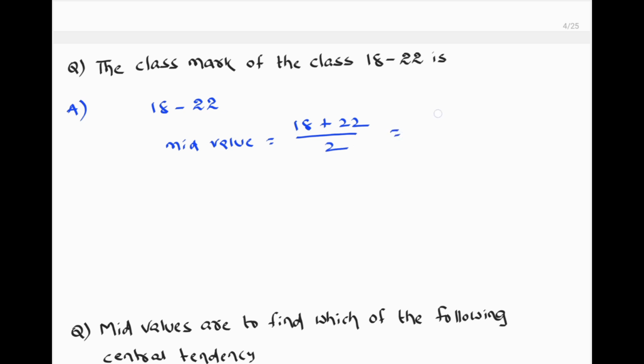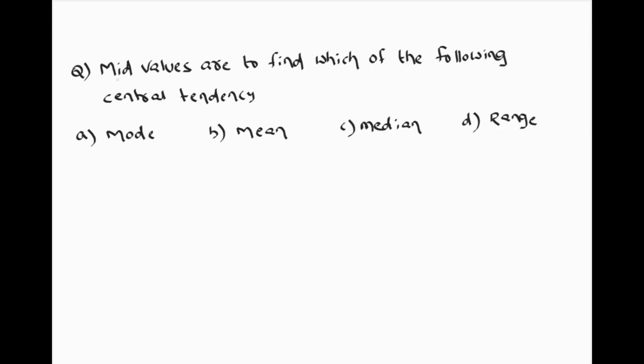Therefore 40 by 2, so 20 is the middle value of 18 and 22. Mid values are used to find which central tendency? In the mean, we use the middle values. In the median, we use the cumulative frequency.